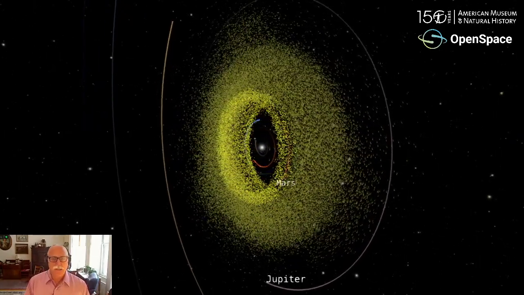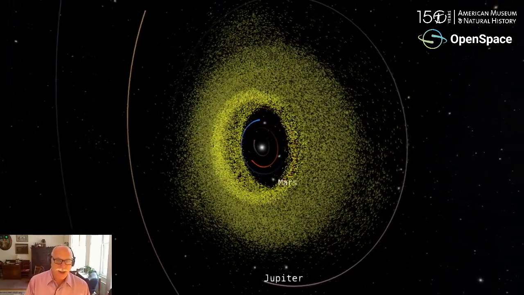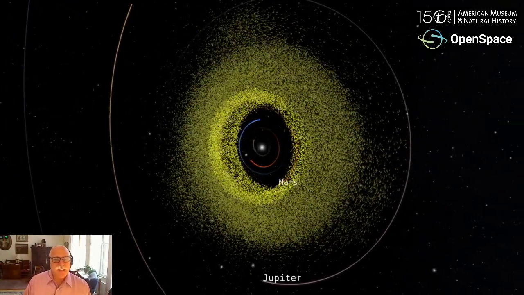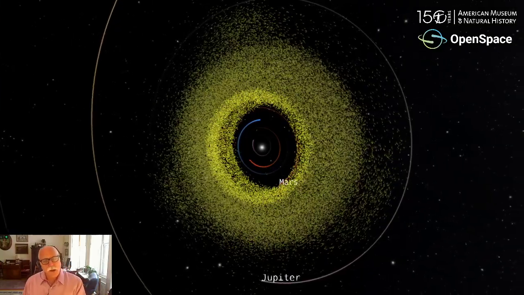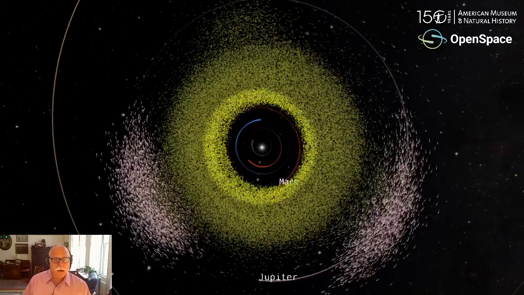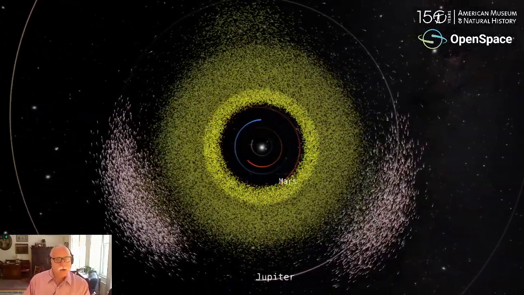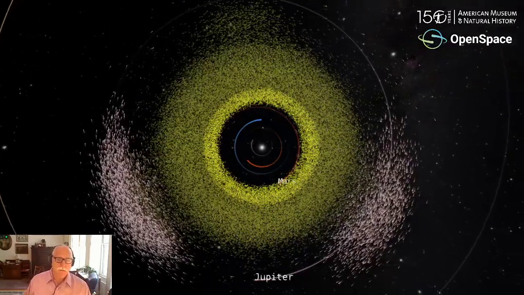We're actually going to be sending a spacecraft called the Psyche mission to a metal asteroid. And as we go further out in the asteroid belt, the asteroids become richer in carbon and in water or hydrogen that's bound to minerals in the surfaces of these bodies.